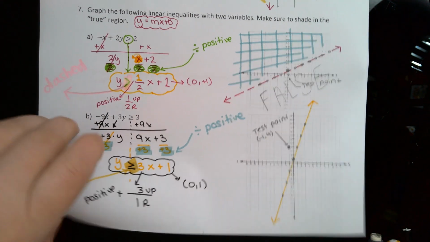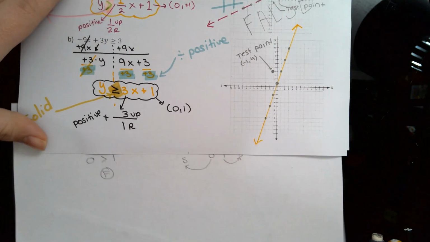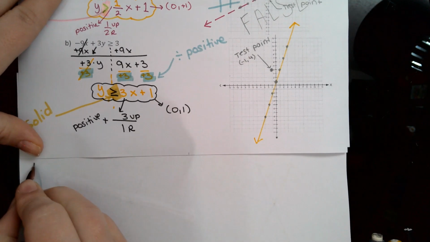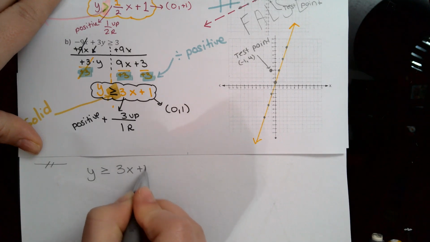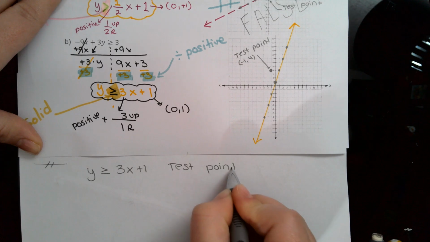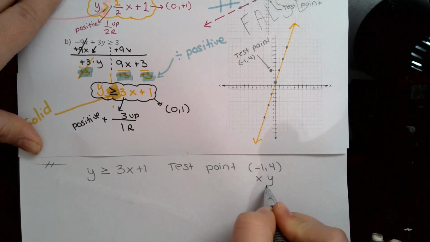Again, I'm using this other sheet of paper for my testing sections, just because I'm writing big. Okay, so I'm going to use y is greater than or equal to 3x plus 1, where my testing point is -1 comma 4. Label it x and y.